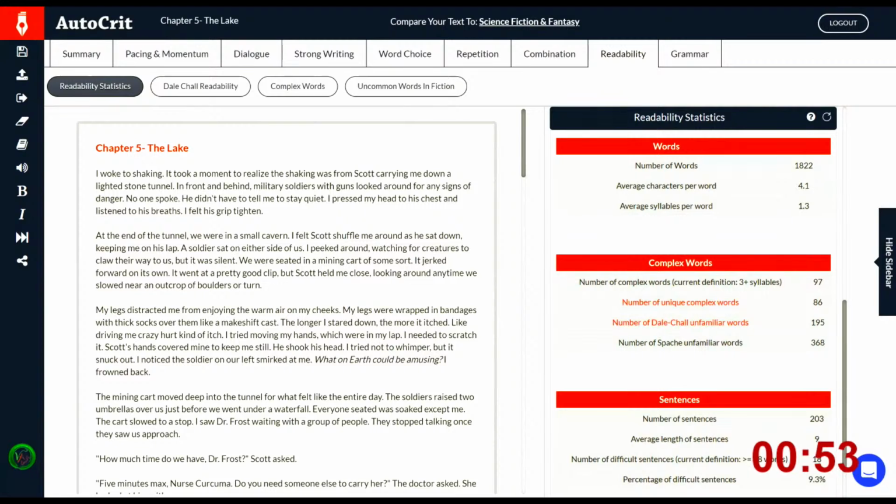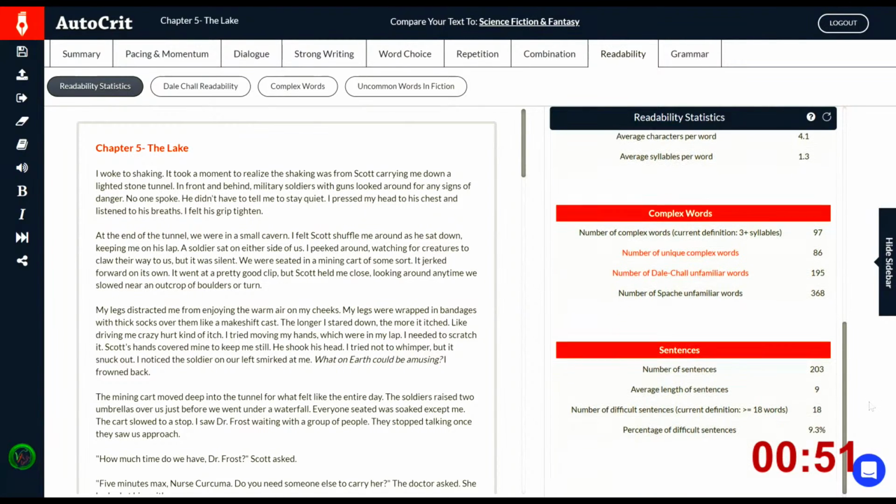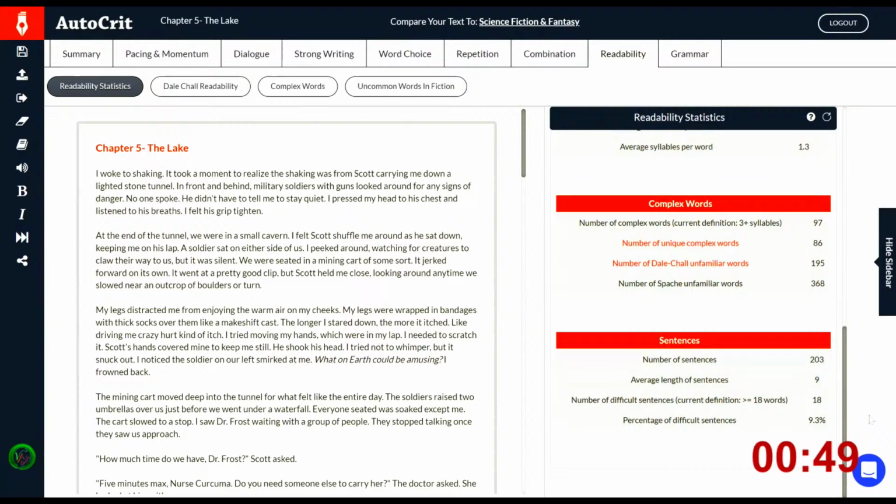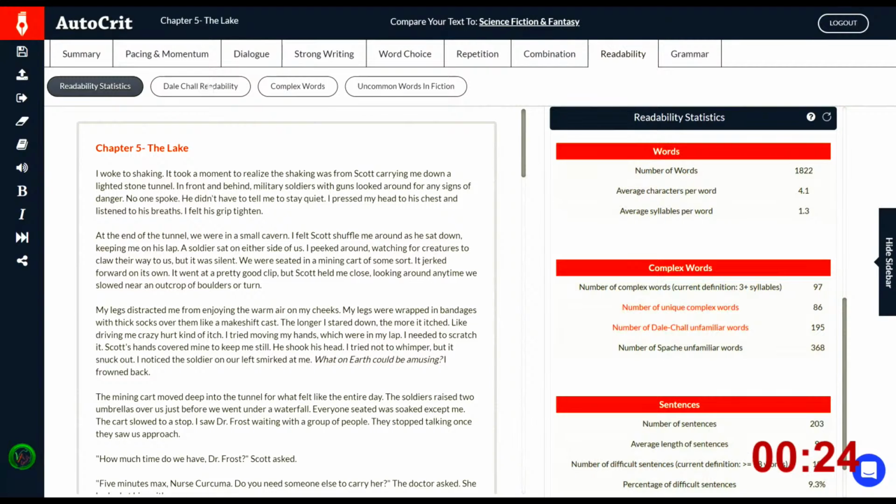It has 1822, so I definitely want to add some if I can. And we do have some unfamiliar and complex words. This is a horror and a paranormal fantasy, so there's going to be words that are unique, so that's fine. All right, number of difficult sentences, there's 18, so there's 18 of them that we're probably going to want to take a look at.